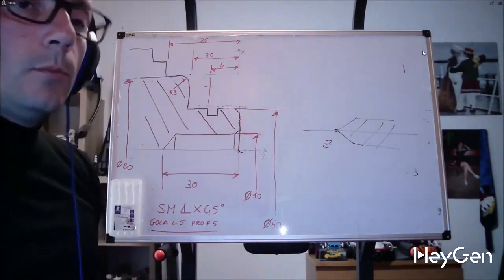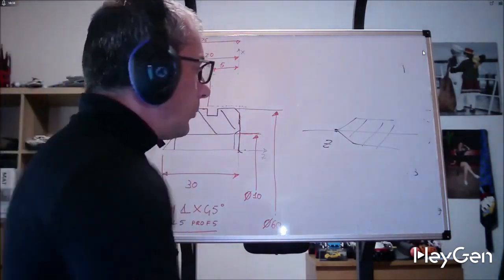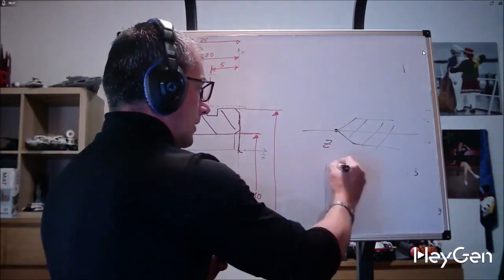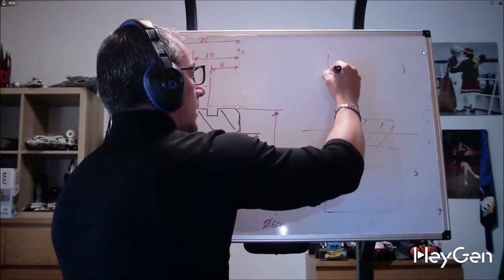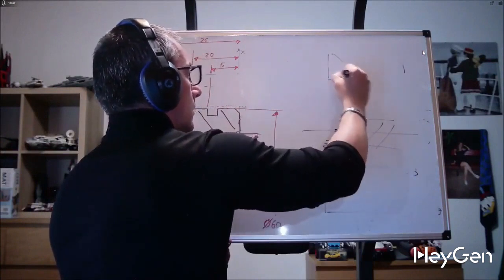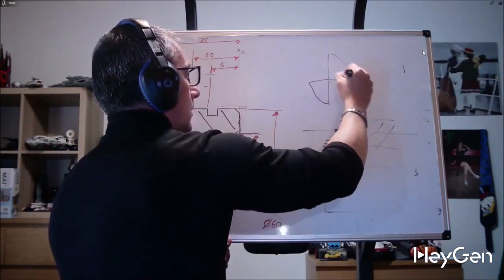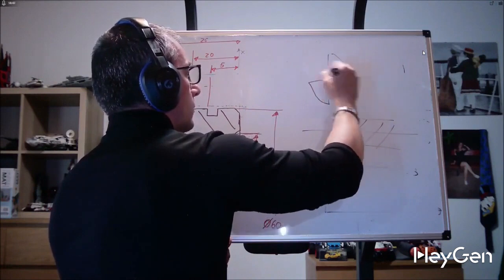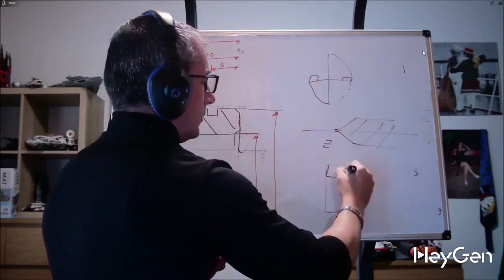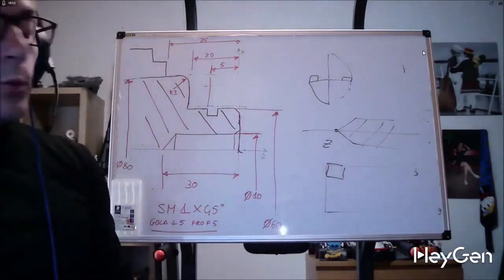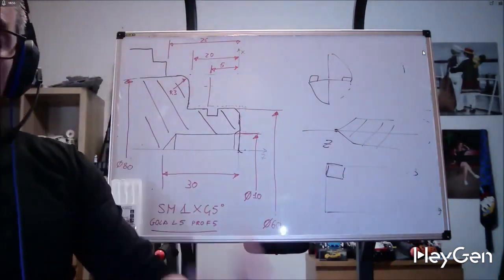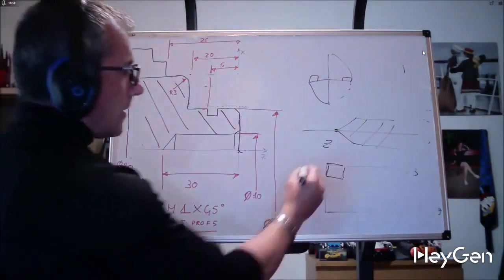If we look at them like this, they have an insert here, and an insert here that we will see, and an insert here that we won't see, interchangeable. If I have a 32 bit, I zero it at this point like a reamer and drill at X 32.